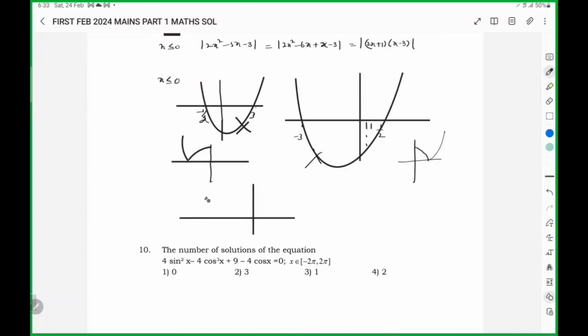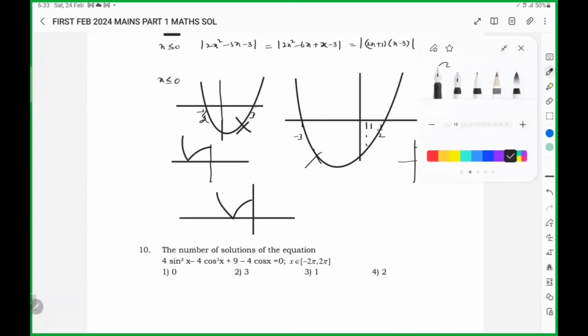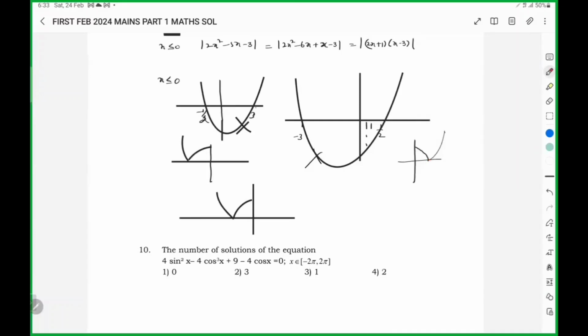for the negative part, for the positive part, the graph will be.